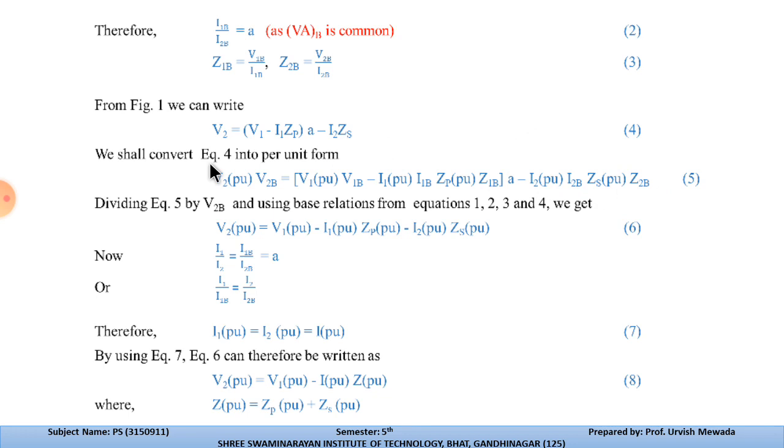So this is the equivalent conversion into per unit form, and thus dividing equation number 5 by V2B.